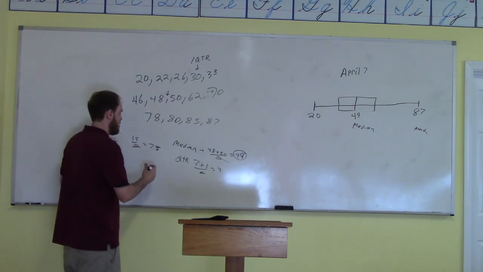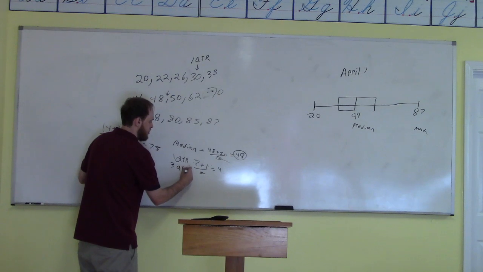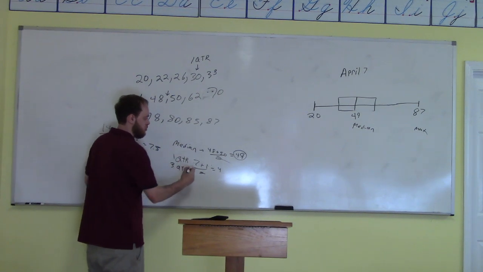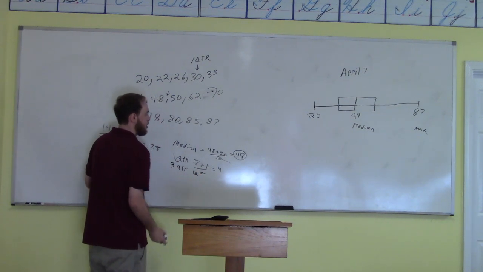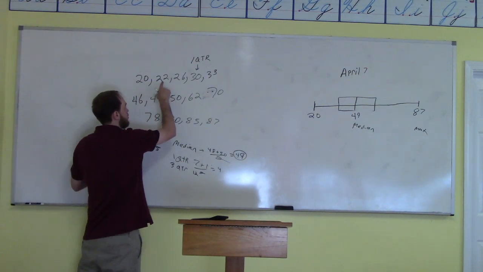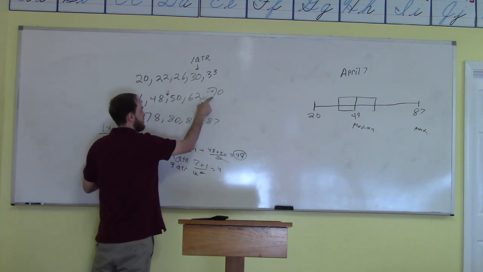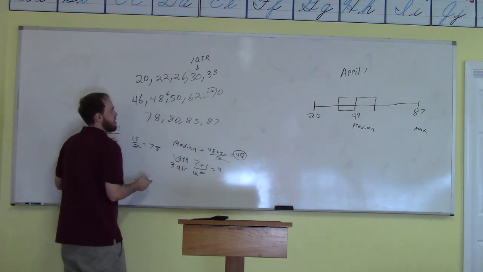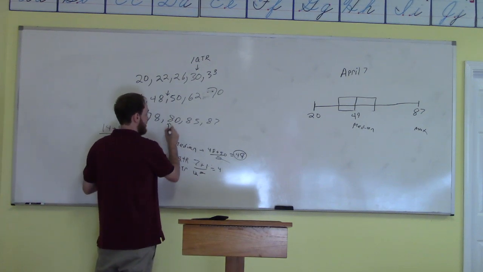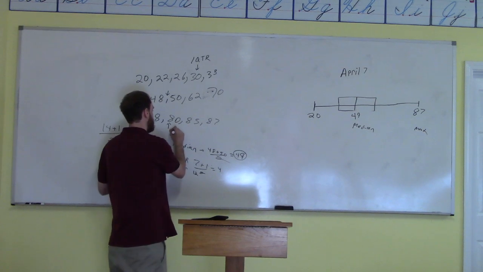So in other words, the third quartile would be 4 plus 4 plus 4, which would be 12, which would be the 12th number. And so the 12th number would be 1, 2, 3, 4, 5, 6, 7, 8, 9, 10, 11, 12, and so it would be the 80. So that would be your third quartile.